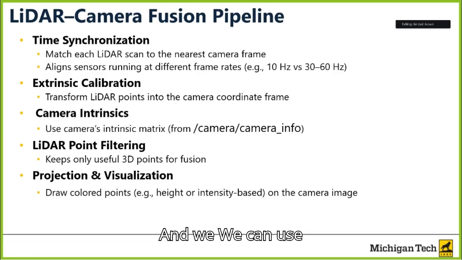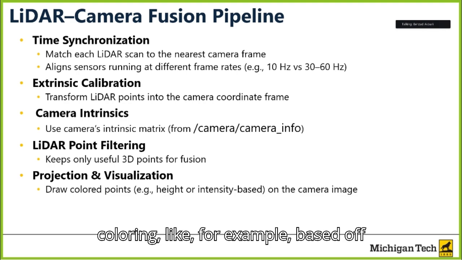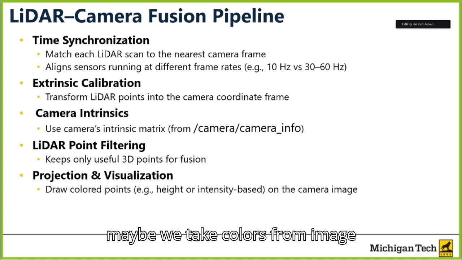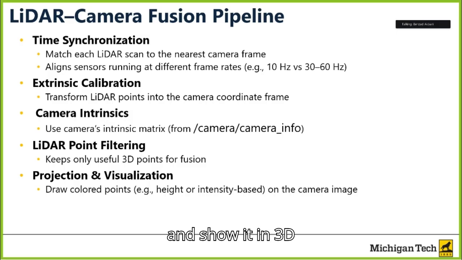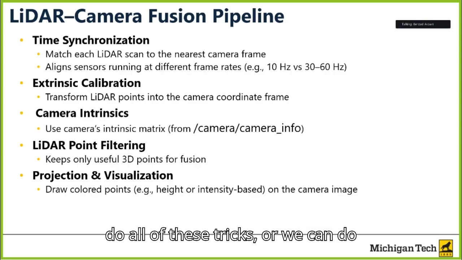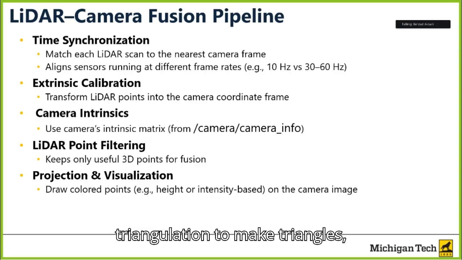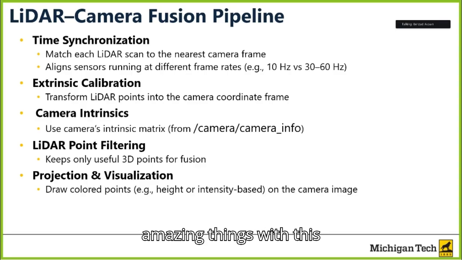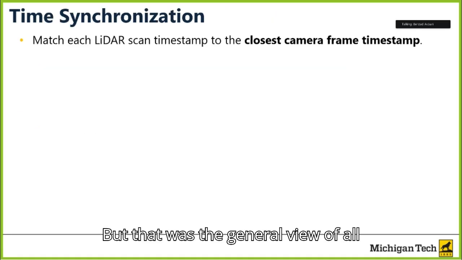We can use coloring, for example based on height, or we can take colors from the image and show them in the 3D LiDAR space. We can do all of these tricks, or we can do triangulation to make triangles in space, and do lots of amazing things with this information. So that was the general view of all the steps.